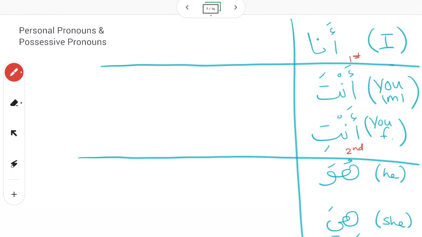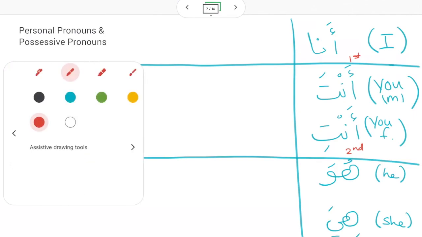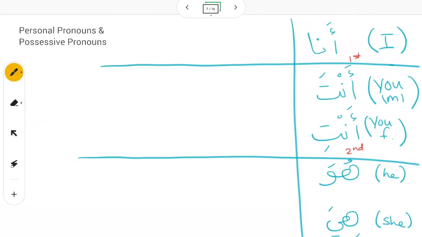Third person you're talking about someone. Okay. Ana, anta, anti, huwa, hiya. And remember when we talked about anta, the fatha here symbolizes the masculine. Anti, the kasra here is what symbolizes the feminine. Anta, anti. So now let's talk about possessive pronouns.